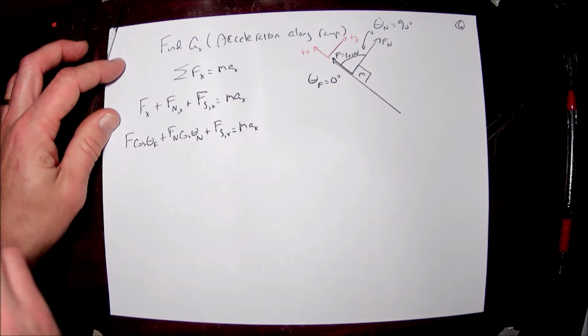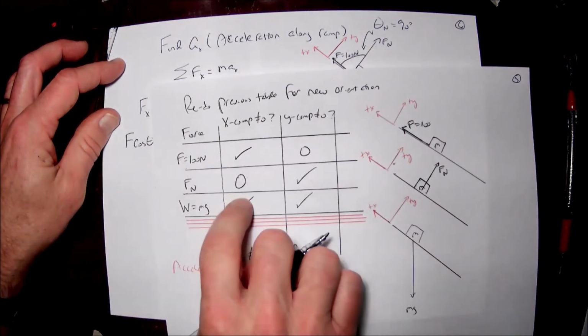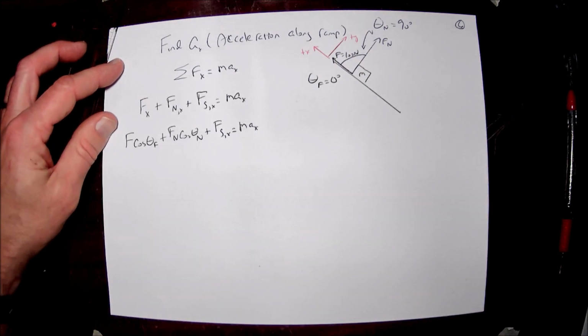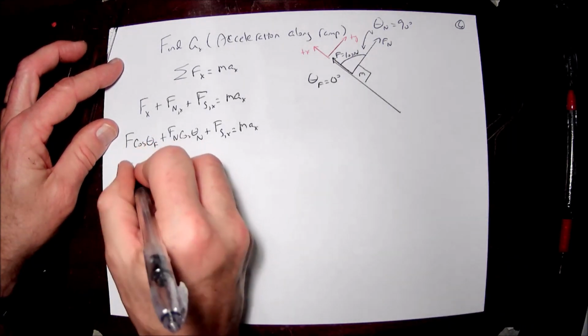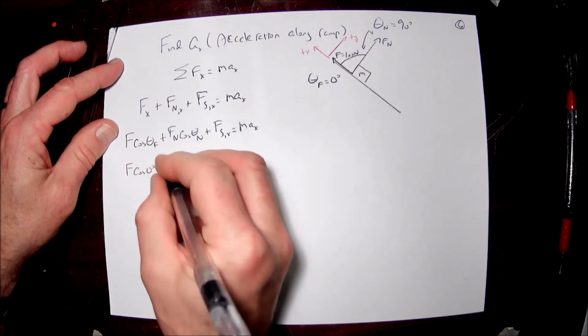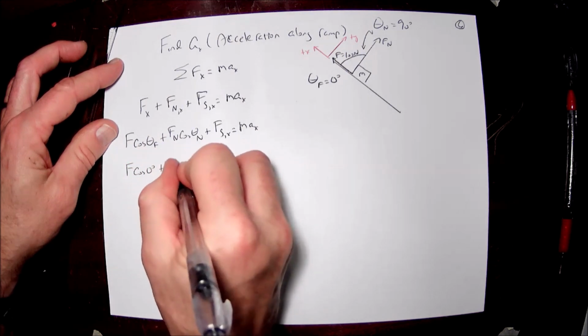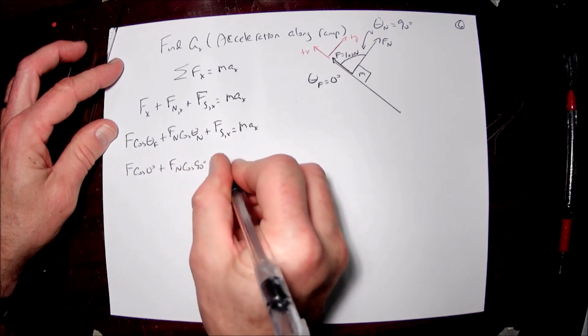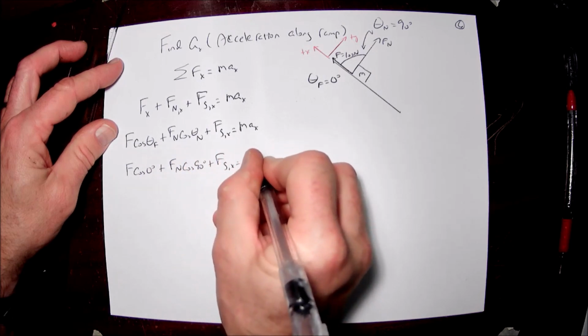This verifies what I had over here a second ago: the normal force is going to have 0 for a component. So let's put them in here. F cosine 0 degrees plus Fn cosine 90 plus F sub gx equals m a x.